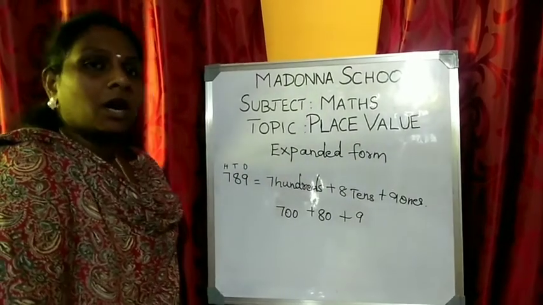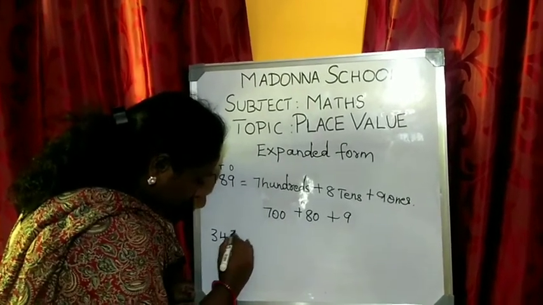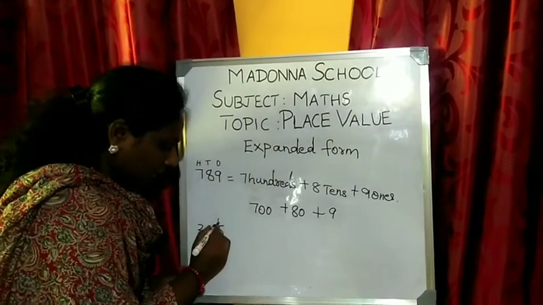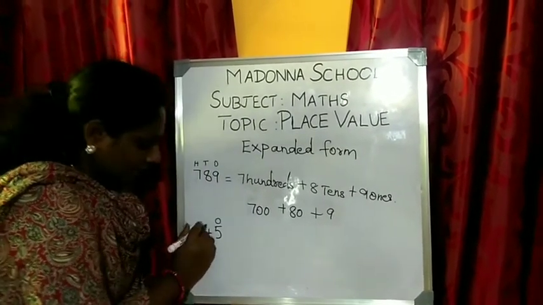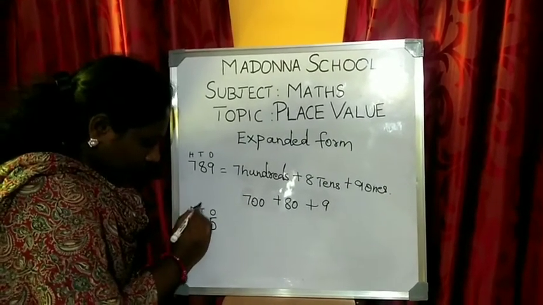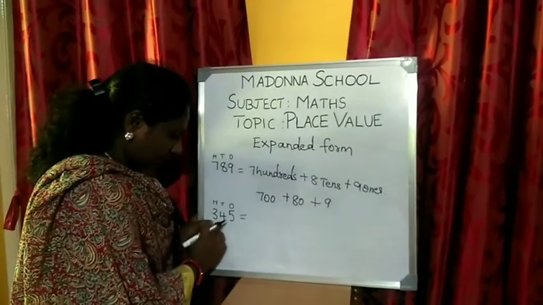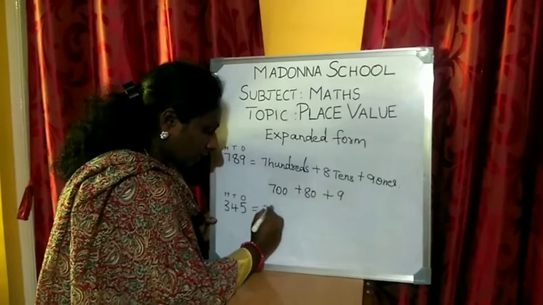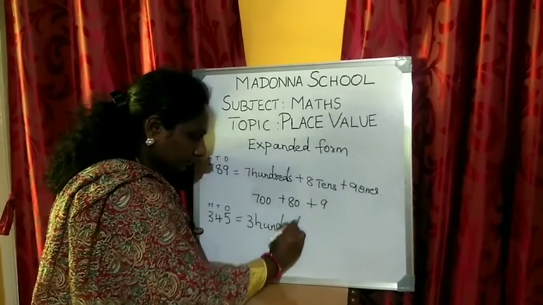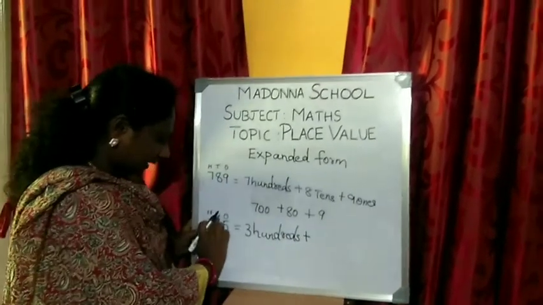Now we'll see another example, children. See, what is this number? 345. So first place is called ones, so I am writing here O. Second place, tens, so T. Third place, hundreds, so I am writing here H. So 3 is at hundreds place. So 300 hundreds plus 4 is at tens place.